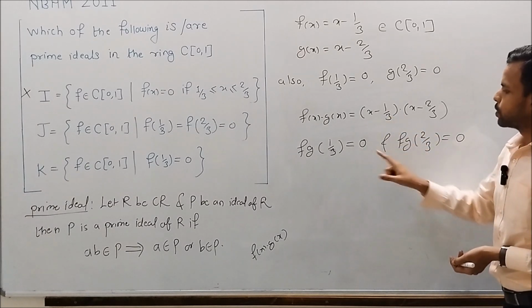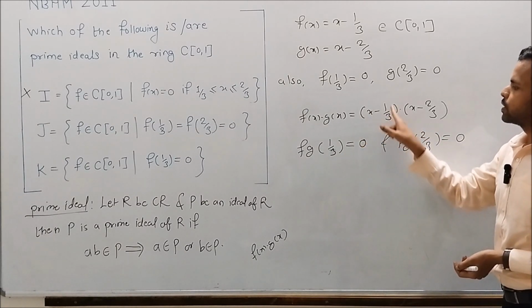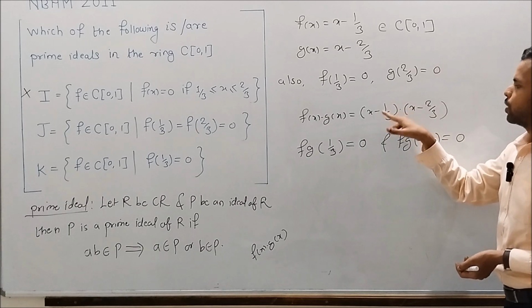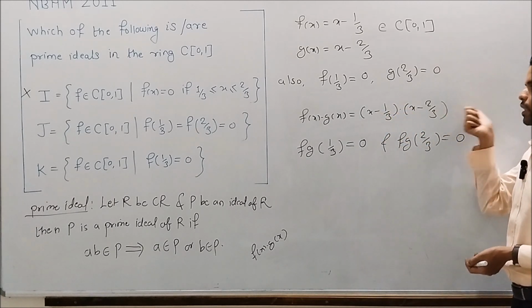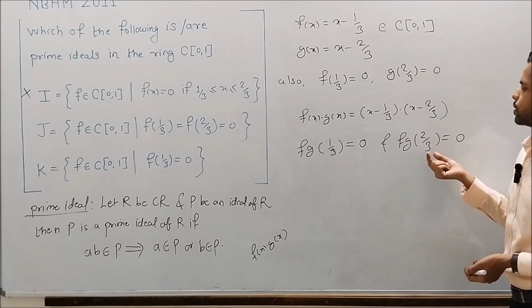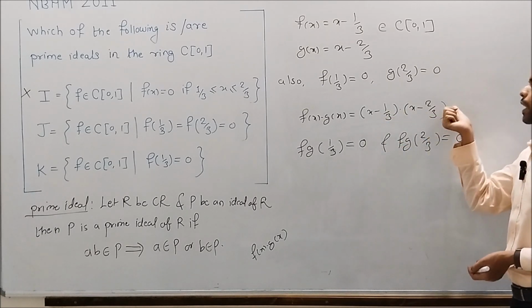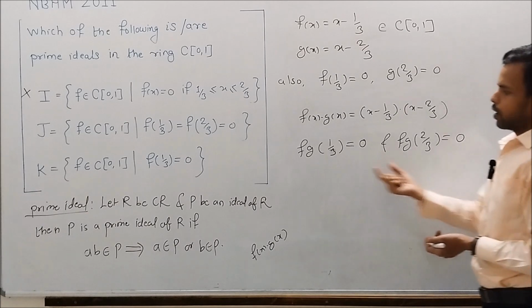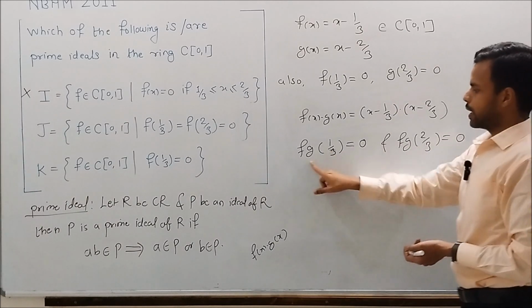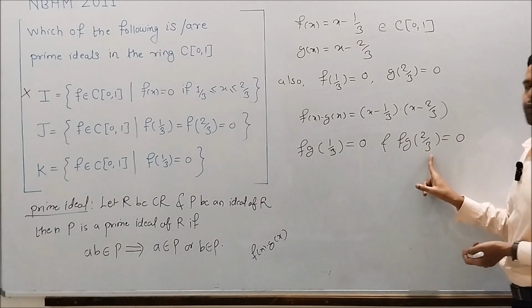Because when I substitute x = 1/3, this term becomes 0 and 0 times the other term is again 0. And when I substitute x = 2/3, this term becomes 0 and 0 times the other term is again 0. So the product is 0 at 1/3 and 2/3.